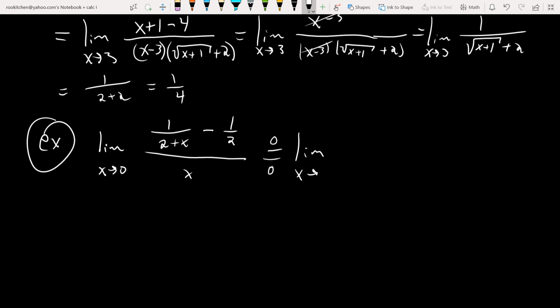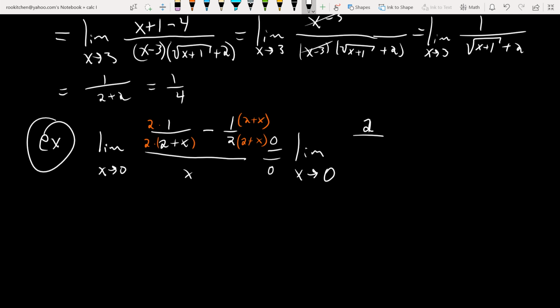And that something is finding a common denominator in the numerator. In the first fraction, you're going to multiply top and bottom by 2. And the second fraction, you're going to multiply top and bottom by 2 plus x. Okay, so let's just cut to the chase.